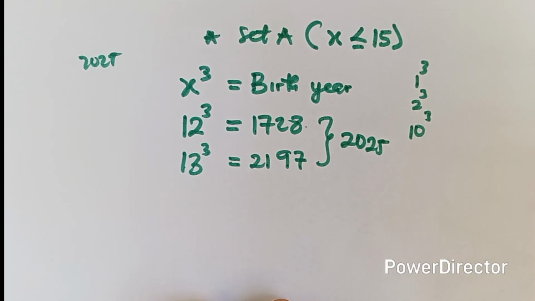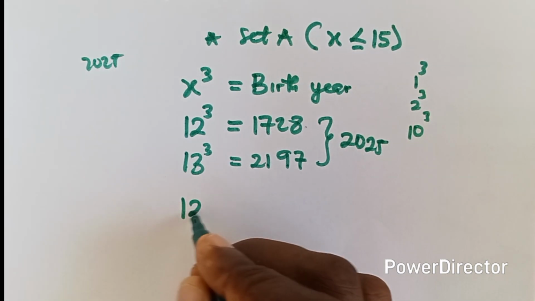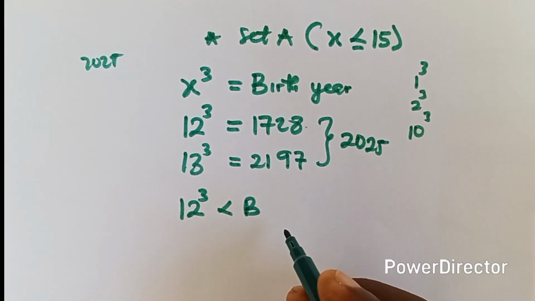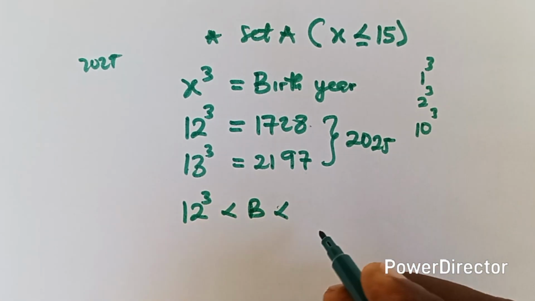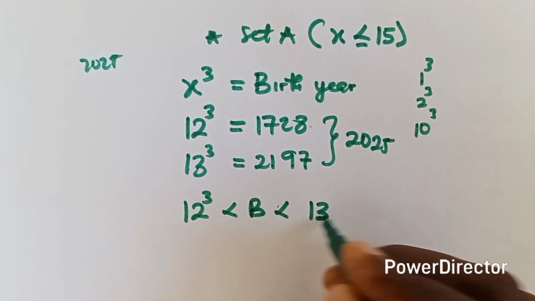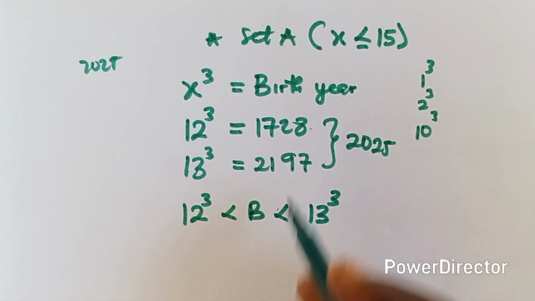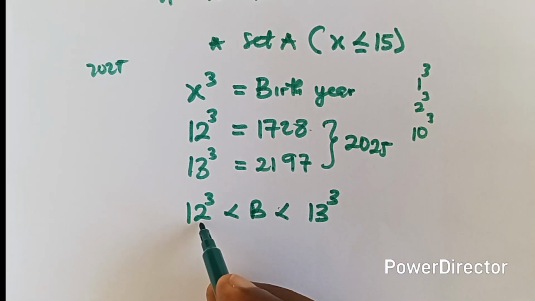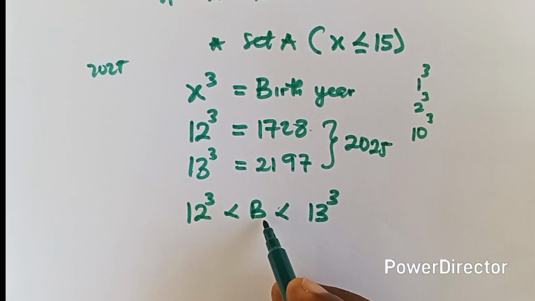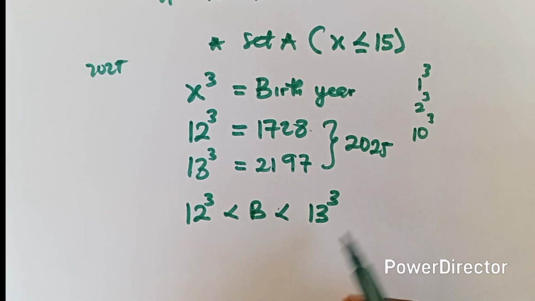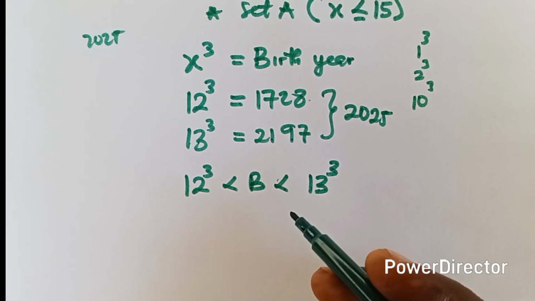To represent this using inequalities, 12 cube is less than my birth year, and my birth year is less than 13 cube. 12 cube gives us 1728, while 13 cube gives us 2197.